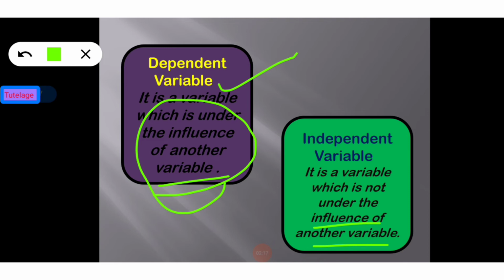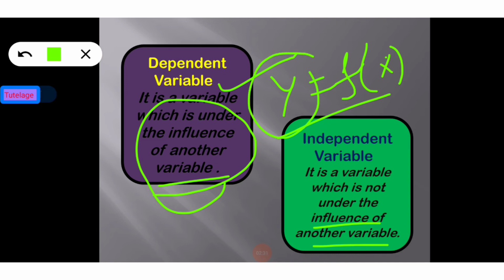We consider y equals function of x, and this is a very common equation in economics. So here we can see the variable y is the dependent variable, because the value of y depends on the value of x.